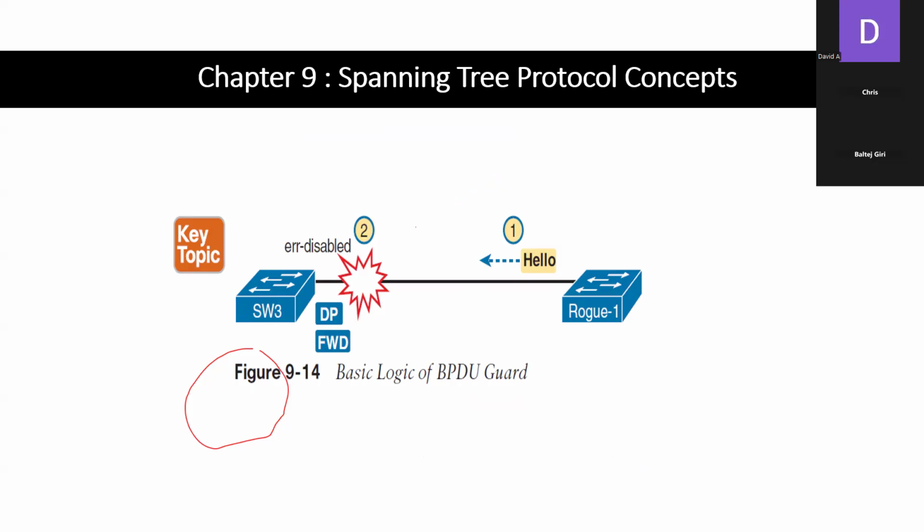It creates the possibility of a forwarding loop if an unexpected switch connects to a PortFast port, right? If somebody just brings in a switch from home, right, they plug that into a PortFast port.